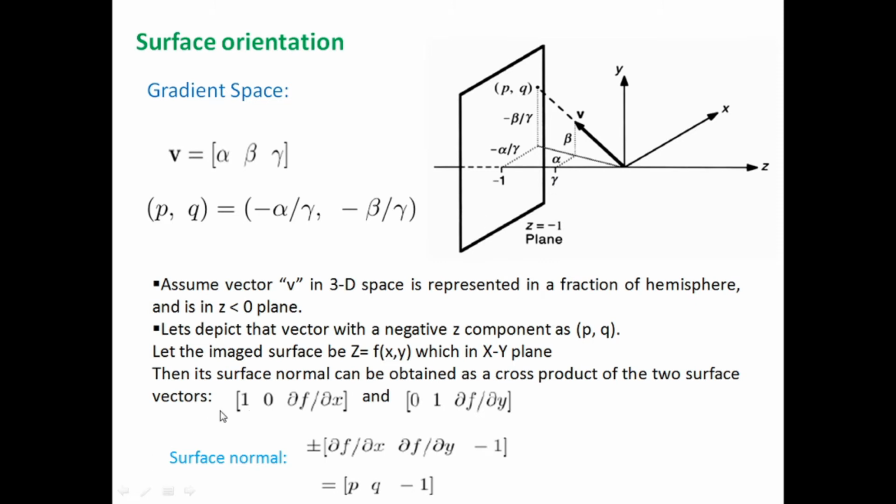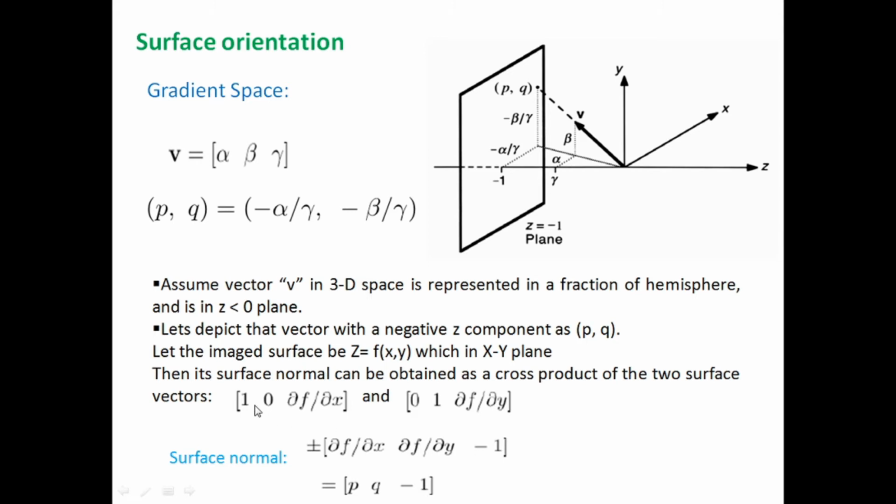Now in the image surface, instead of p comma q, let it be x comma y, because these are the x and y coordinates. So let the imaged surface be z equal to f of x, y, which is in the xy plane.